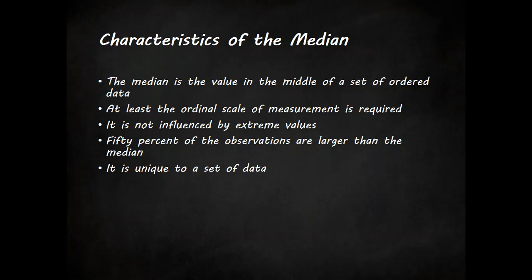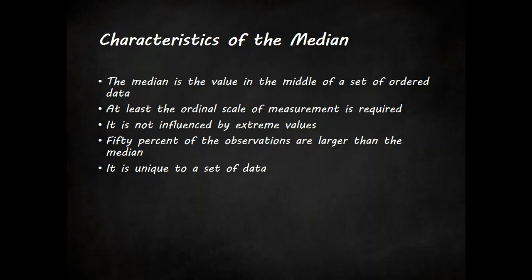Okay, so characteristics of the median. The median is the value in the middle of the set of the ordered data, like I just said. And at least the ordinal scale of measurement is required. So if you wanted to, you could do this with ranked data.